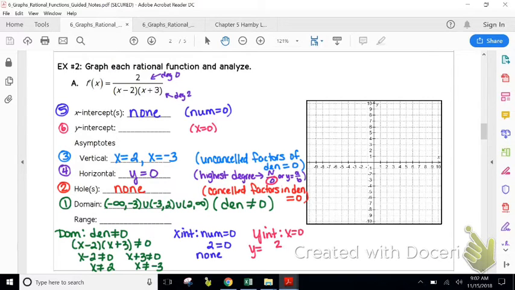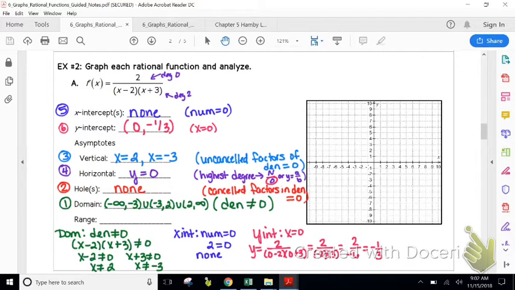So y equals 2 over, plug in x is 0, so 0 minus 2 times 0 plus 3. Work that out. So we get 2 over negative 2 times 3. So 2 over negative 6, which reduces to negative 1/3. And so my y-intercept is at 0, negative 1/3.